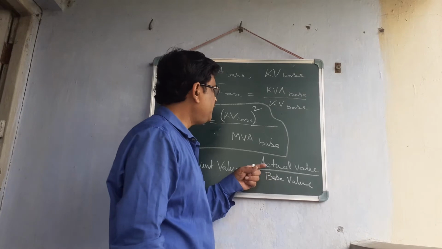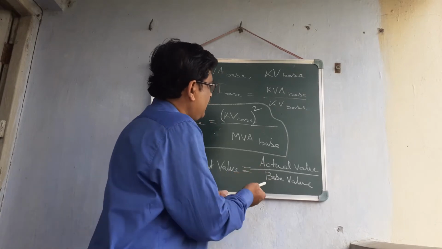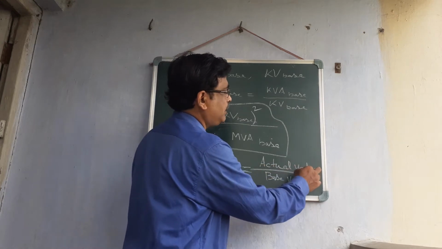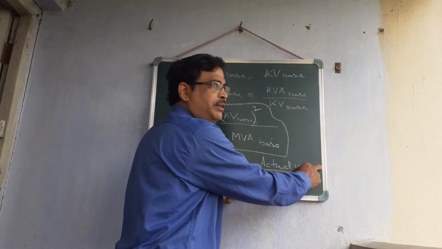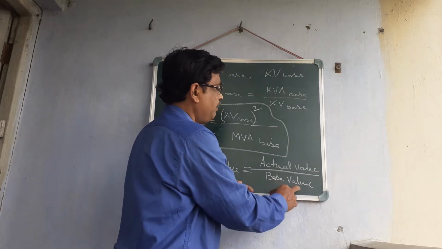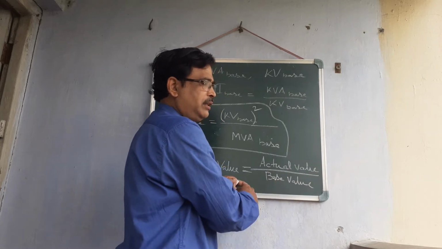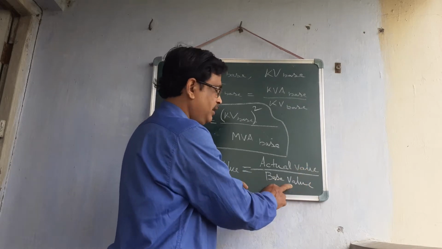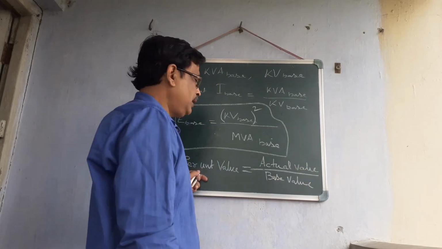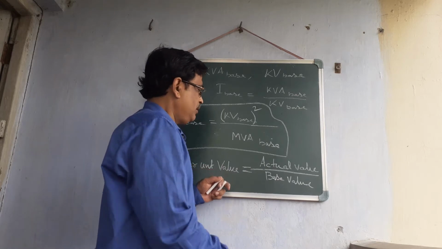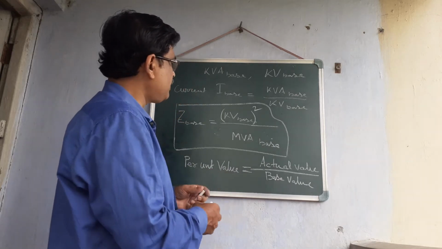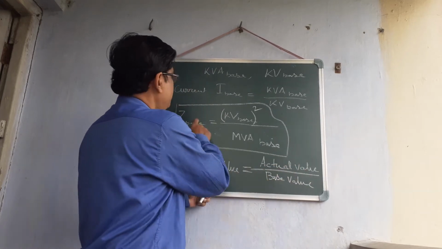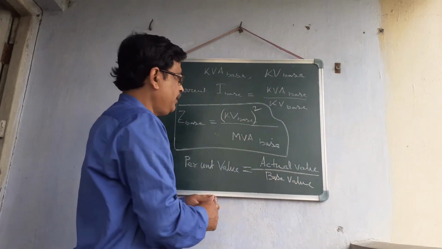That means per unit power is power in KVA divided by base KVA. Per unit current is actual current in amps by base current, and that gives the per unit value of current. Similarly, per unit value of impedance is actual Z by base Z. Base Z we will derive from this.